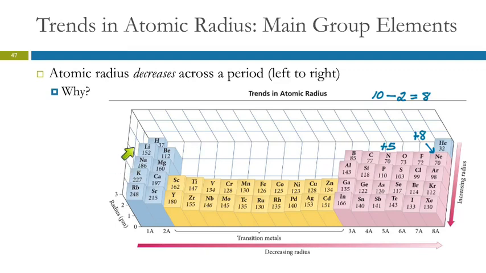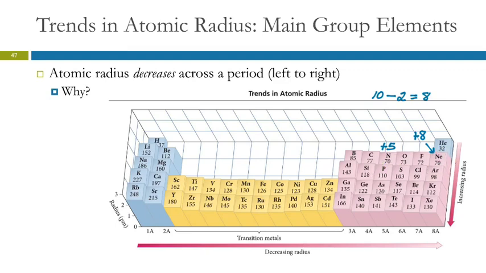As we're going across this period from lithium to neon, we are adding electrons in the same principal quantum level. In the hotel, we're adding guests on the same floor of the hotel, right? So it's roughly the same size. But for nitrogen, the attraction that those electrons feel for the nucleus is +5.